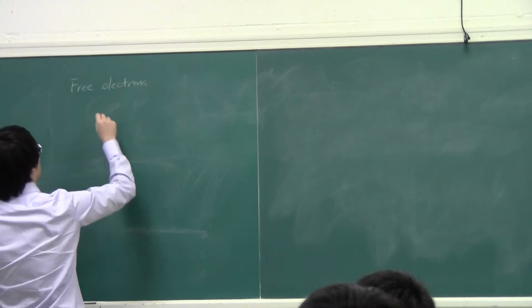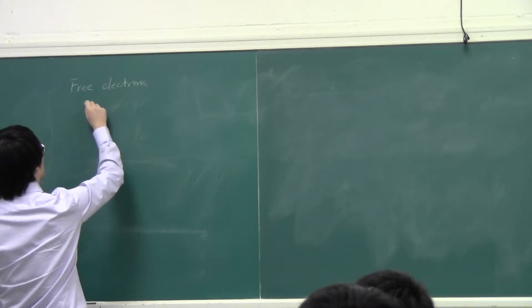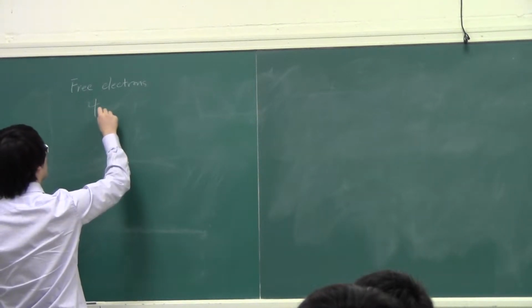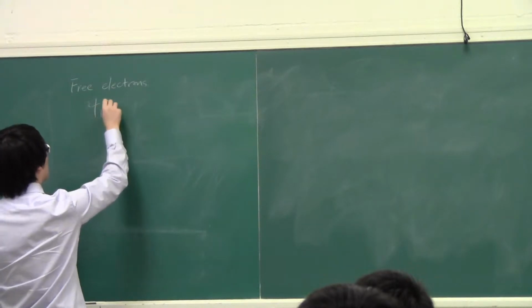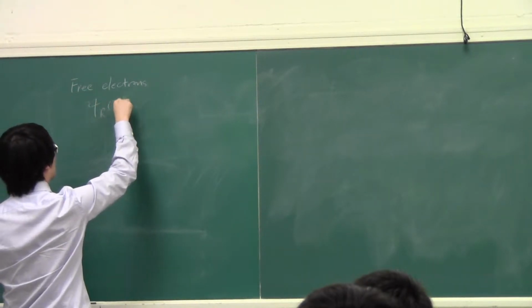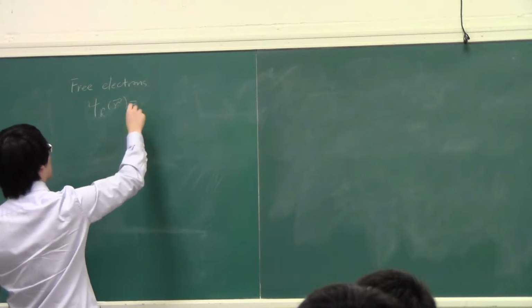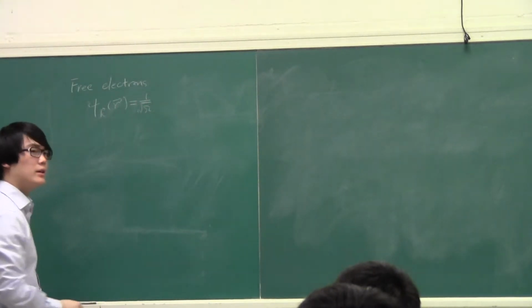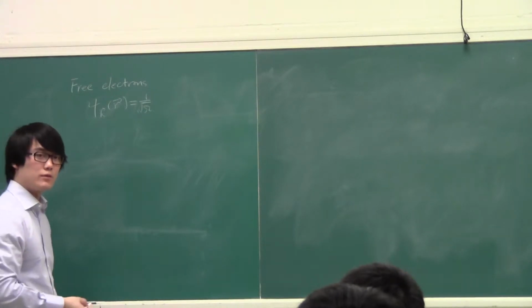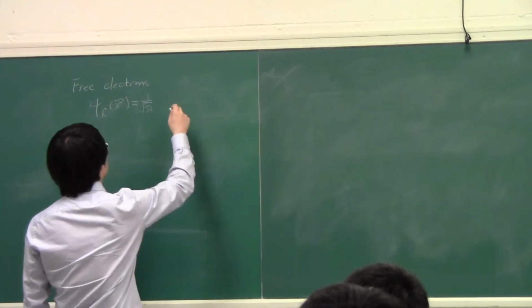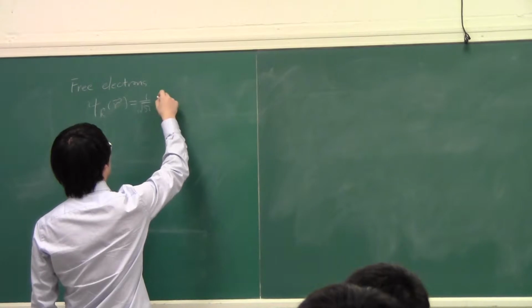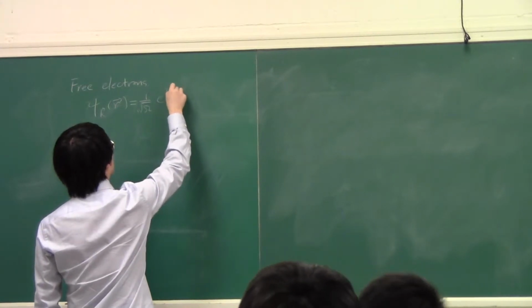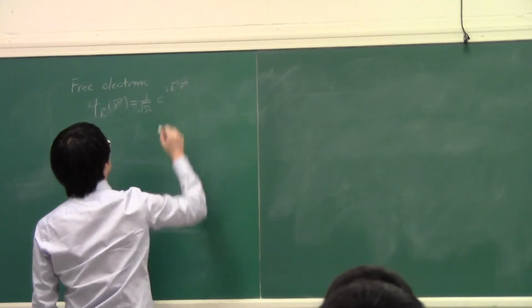Okay. Each of them is described by a plane wave, so I may write a plane wave of wave vector k for an electron. That's equal to 1 over square root of Omega, Omega being the size of the solid, and then the plane wave is of course just this.